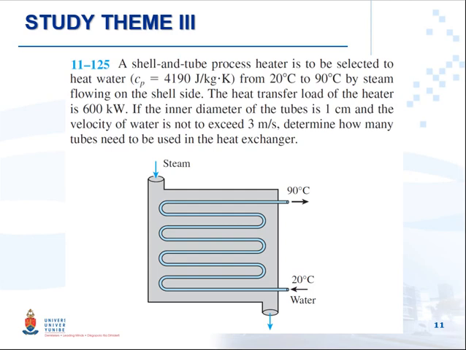If the interior diameter of the tube is 1 centimeter and the velocity of water is not to exceed 3 meters per second, determine how many tubes need to be used in the heat exchanger. So again, first you need to find As, and after calculating that, you need to find the number of tubes.